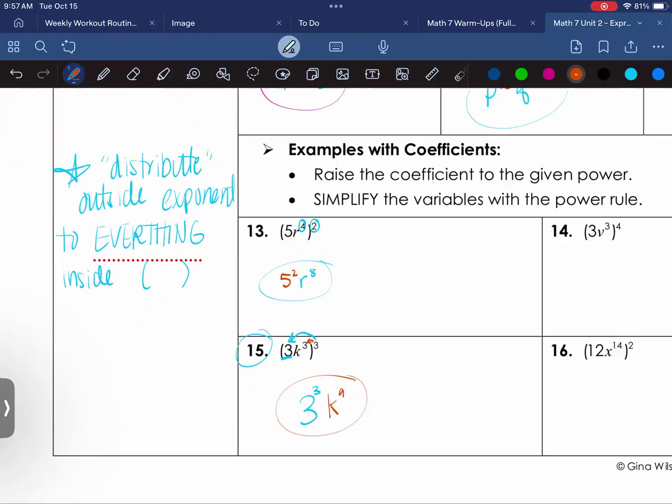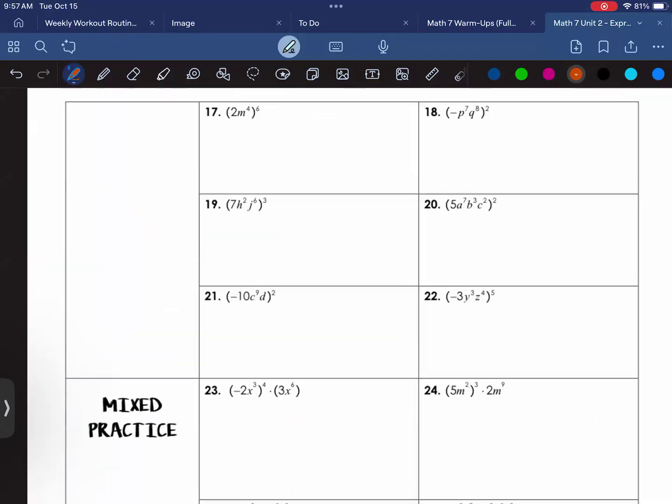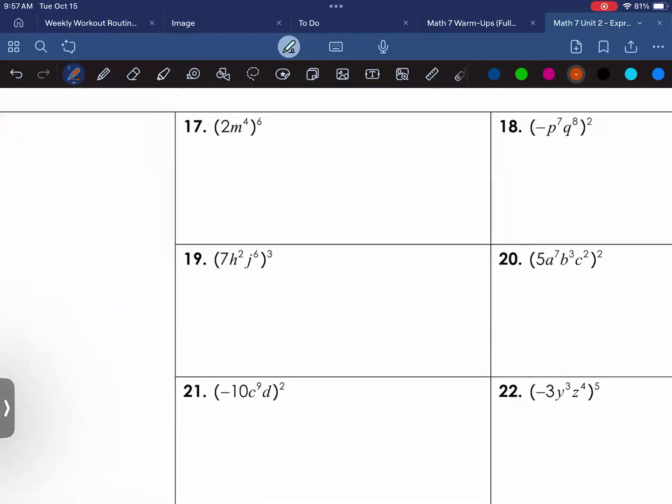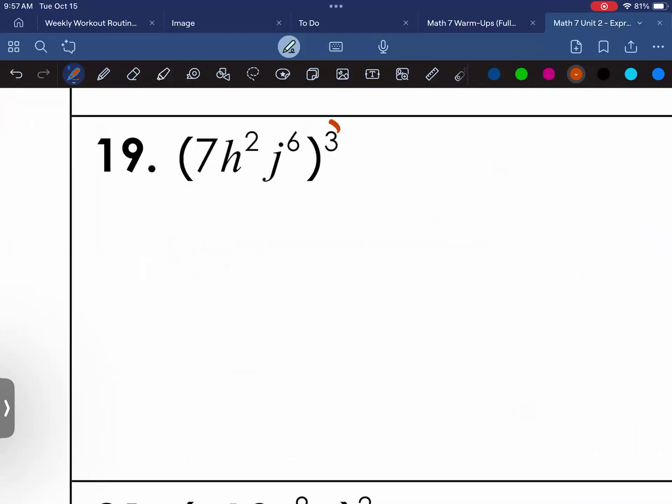Go ahead and flip on over to the back. So here we have a few different things inside the parentheses. We have multiple variables now. So it's the same thing. Our outside exponent is going to be multiplied to all the exponents that are on the inside. Okay, and again, there isn't a 1 on 7, which means it's an invisible 1.